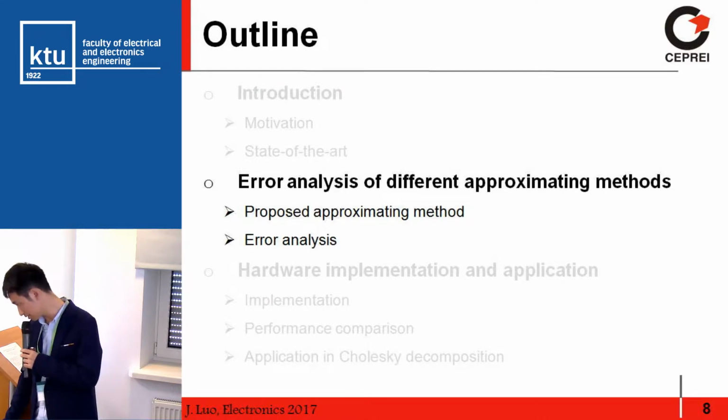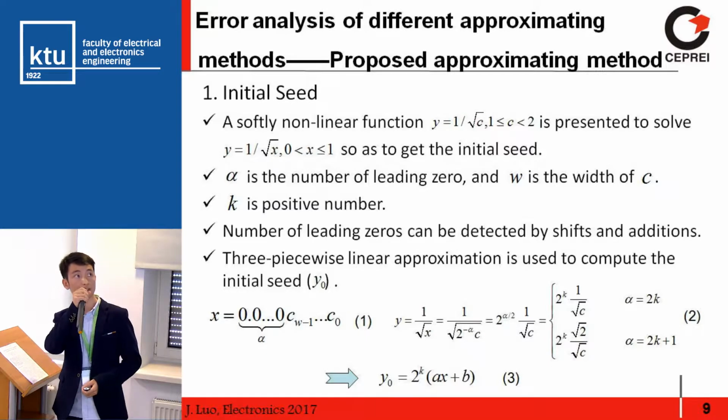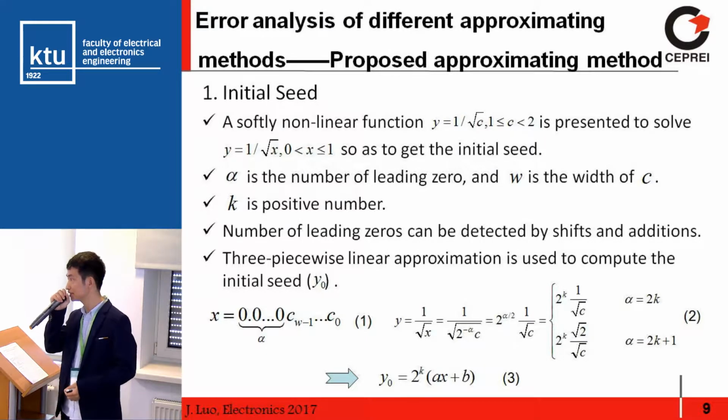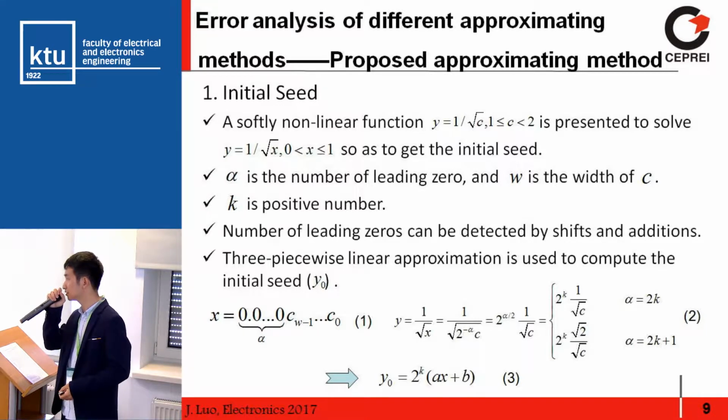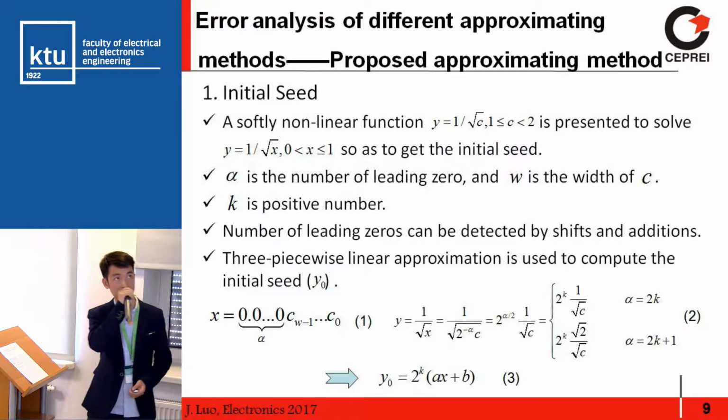Okay, let's go to the other methods. There are several methods to implement the inverse square root, so we choose a combination of some of the techniques. The first is the initial seed.